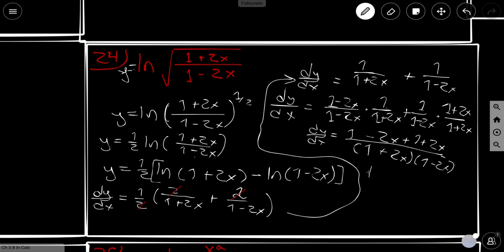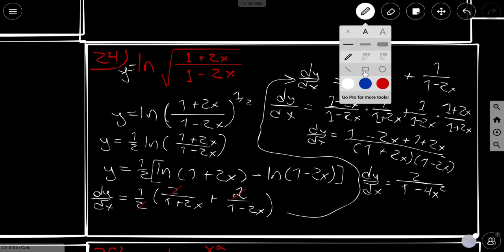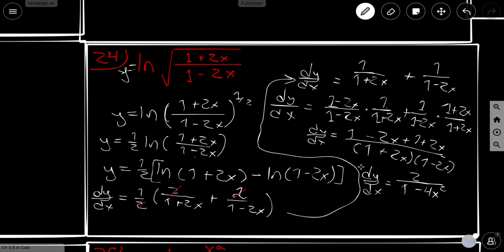Let's go ahead and do one more step. 2 over 1 minus 4x squared. Boom.